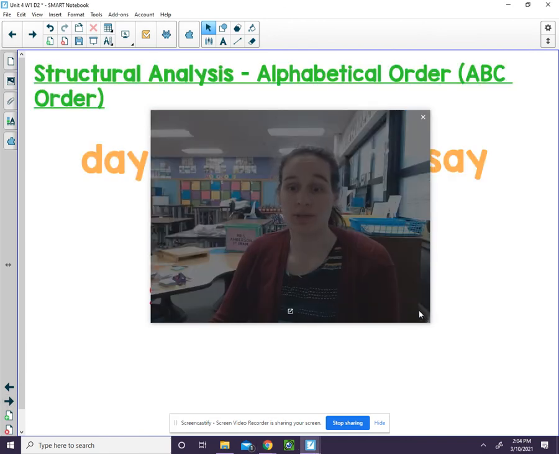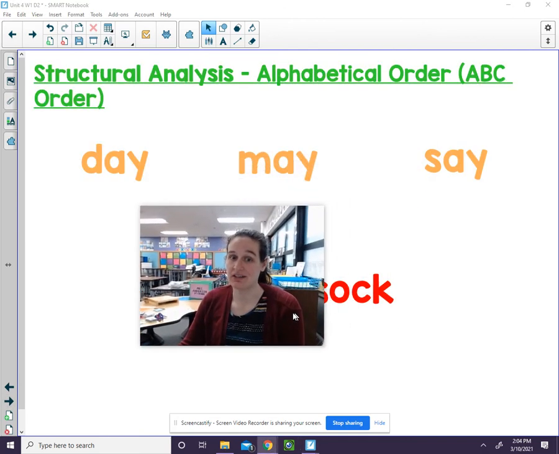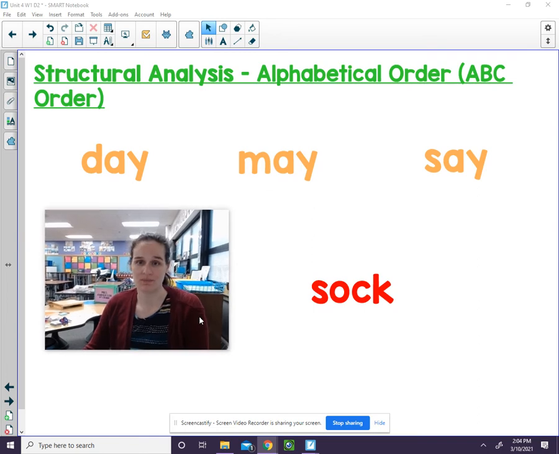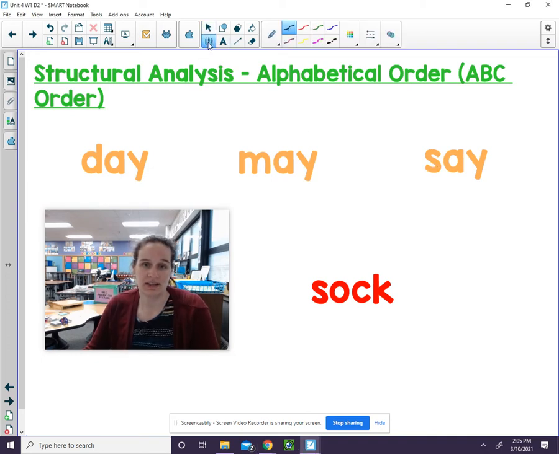We are now going to be reviewing and discussing alphabetical order. So alphabetical order, if we remember, is when we order words by their first letter. Let's take a look at these words here.